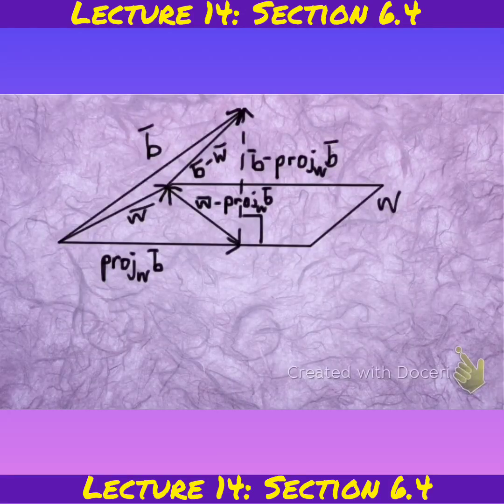Okay, there we've got a schematic representation. So this is the subspace W. This vector there is the vector b minus w. That vector there is the vector w.